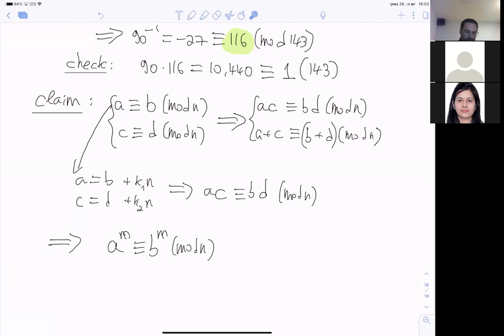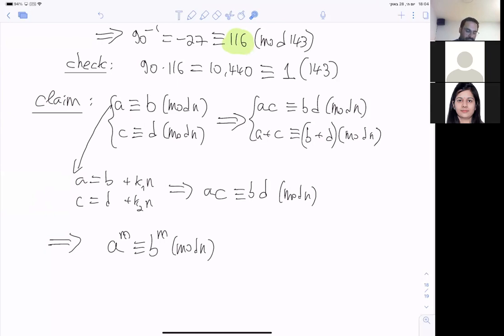So actually, what I want to say is that if you have one representative or another one, the calculation does not depend on the choice of the representative in the class.